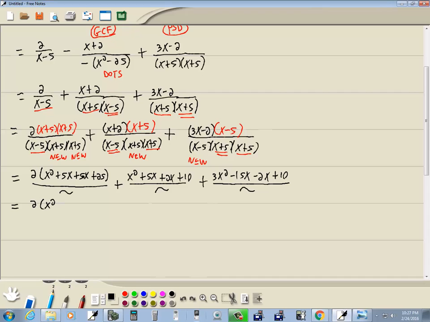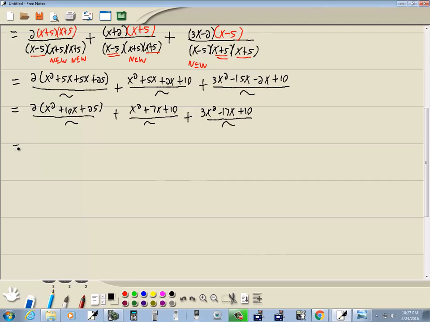Here we got 5x plus 5x is 10x. Plus 25 over our denominator. Plus x squared. 5x plus 2x is 7x. Plus 10 over our denominator. Plus 3x squared, negative 15x, negative 2x is negative 17x, plus 10 over our denominator.